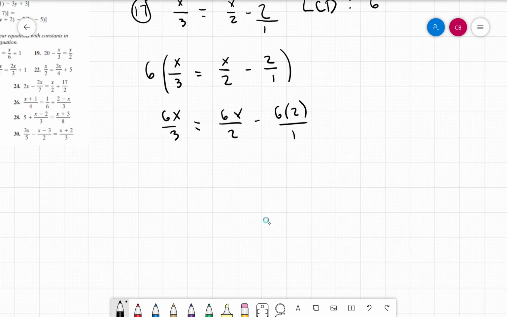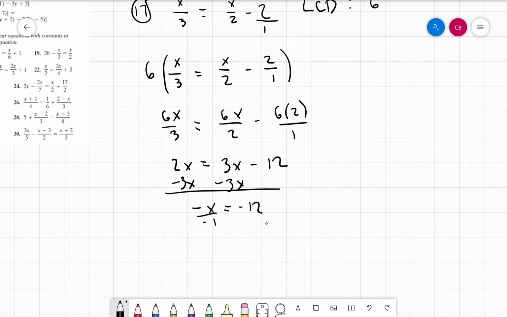Alright, well 6 divided by 3 is 2x. 6 divided by 2 is 3x. Minus 12 over 1 is 12. And then we simply just minus 3x. Negative x is equal to negative 12 divided by negative 1. X is 12. And so we didn't even have to use fractions after we figured out what the LCD was.